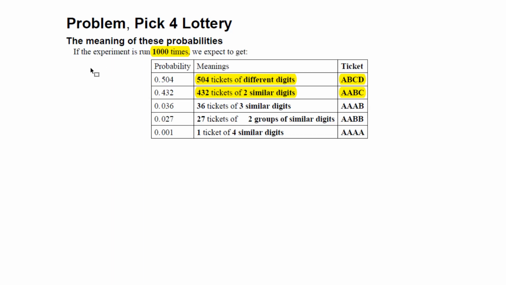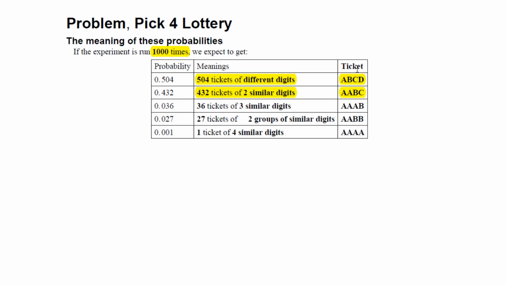If we run this experiment around 1,000 times, we expect to get 504 tickets of different digits, 432 tickets of 2 similar digits, 36 tickets of 3 similar digits, and 27 tickets of 2 groups of similar digits, and only 1 ticket of 4 similar digits.